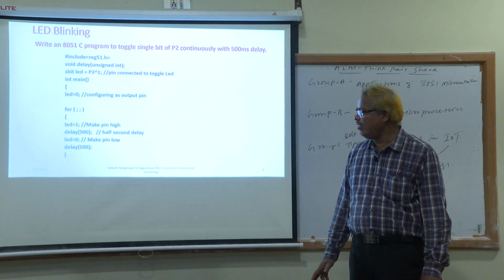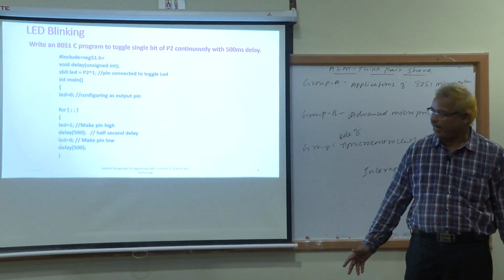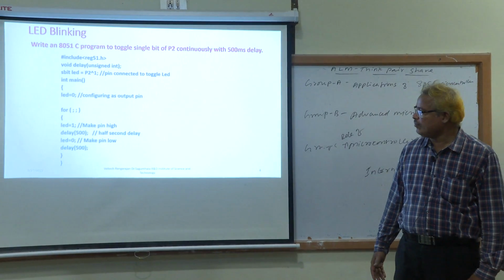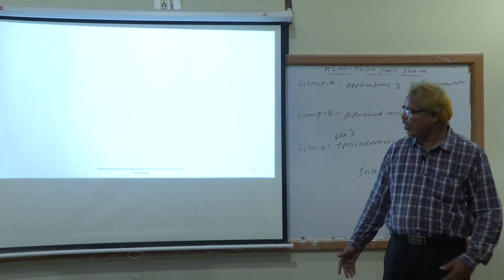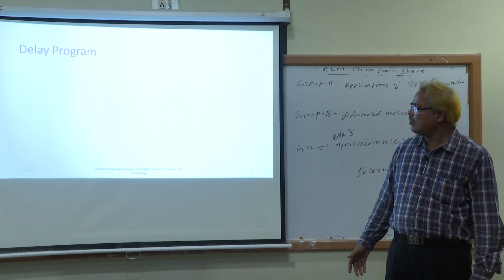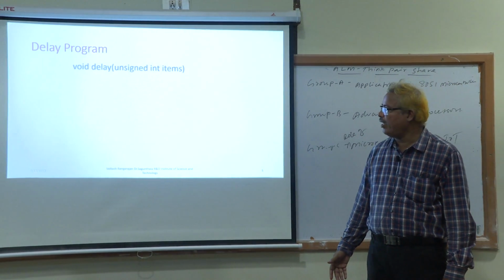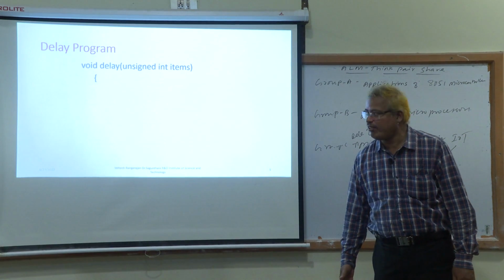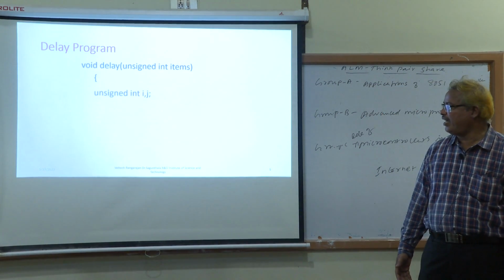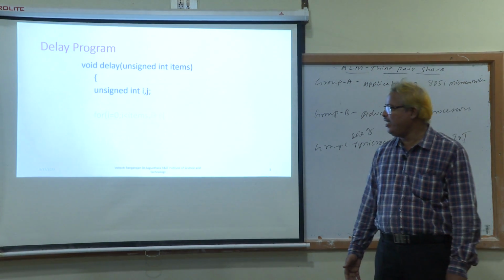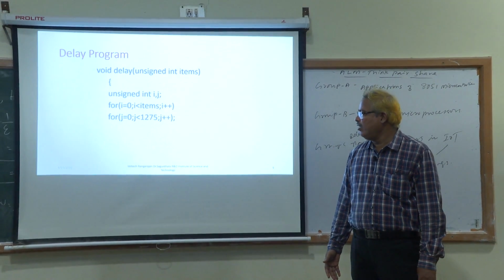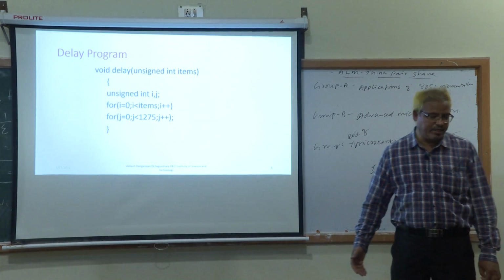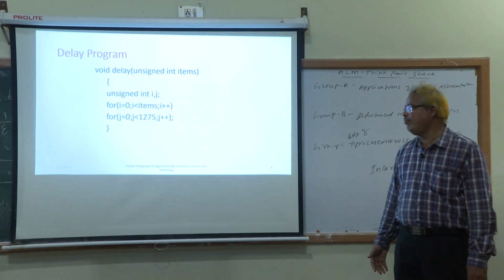Next, how to create the delay of 500 millisecond. Now the delay program. We need to declare the function void delay with unsigned integer item, and unsigned integer i, j. So here 2 variables are declared. Delay is created by creating empty loops.